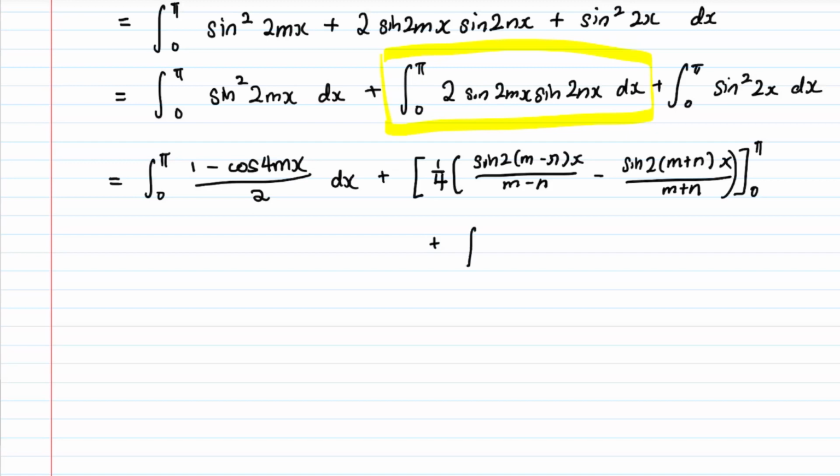And lastly, the last part, you just need to integrate as well. So you have 0 to pi of 1 minus cosine 4nx over 2 dx.